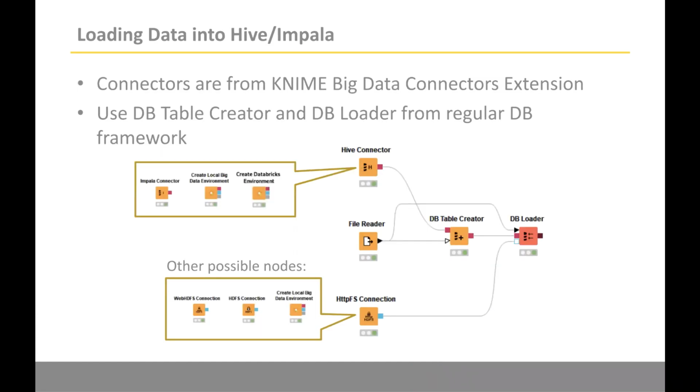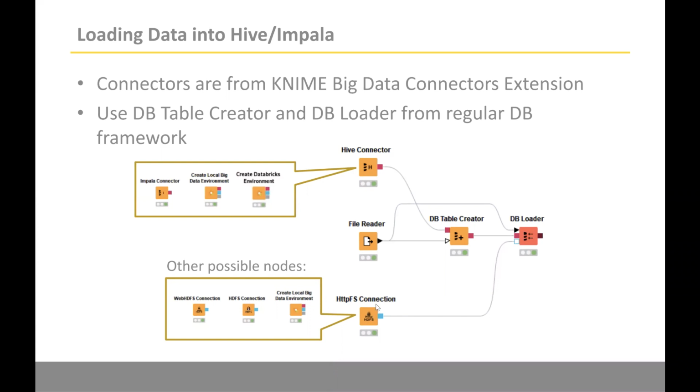Often you also have the problem of getting data into these database systems. For that, we have the DB loader node that can be connected to Impala, also Hive, and the Databricks node.